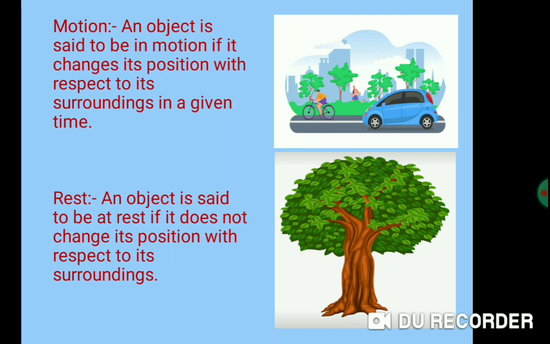One question in your mind: what do you mean by motion? What is motion? Motion. An object is said to be in motion if it changes its position with respect to the surrounding in a given interval of time.